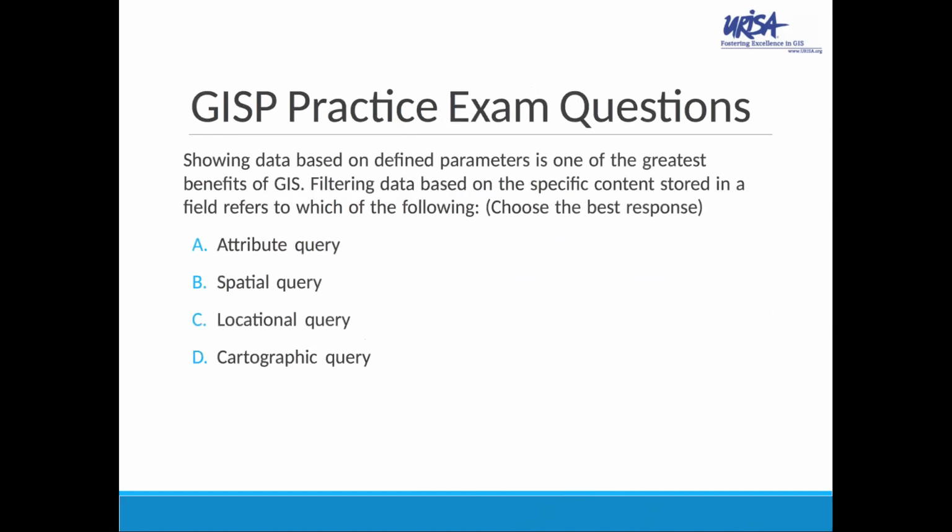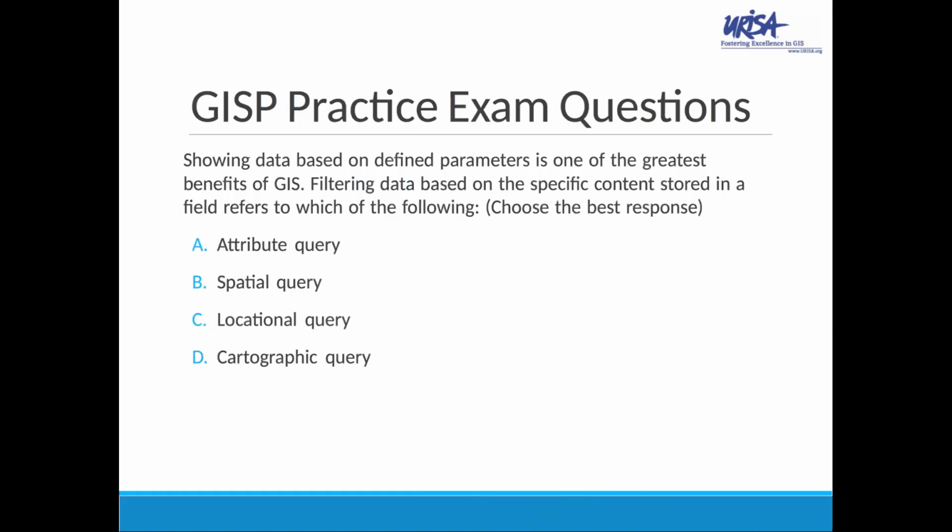So we have some exam questions, and we'll just go on through with them. When we're looking at defined parameter filtering based on specific content in a field, which does that refer to? We're talking about content in a field, and that generally means a field other than the geography or geometry column.